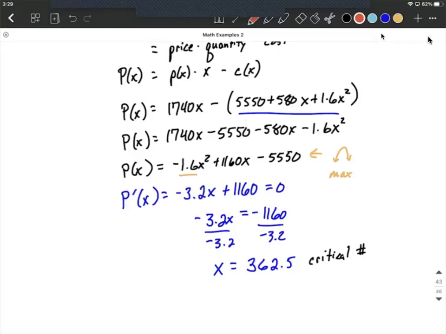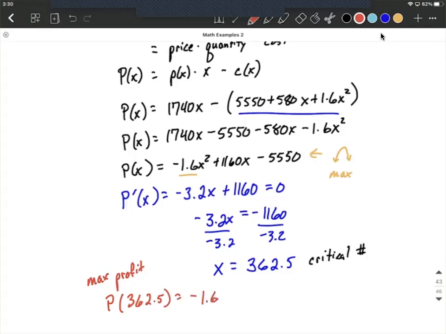The last thing that wasn't asked of us, but we could definitely answer, is what that maximum profit is actually going to be. Now we know it occurs at an X value of 362.5. To find what that actual profit would be, we could simply plug back into the profit function. 362.5 gets filled back into the profit function, replacing each one of the X's with it.